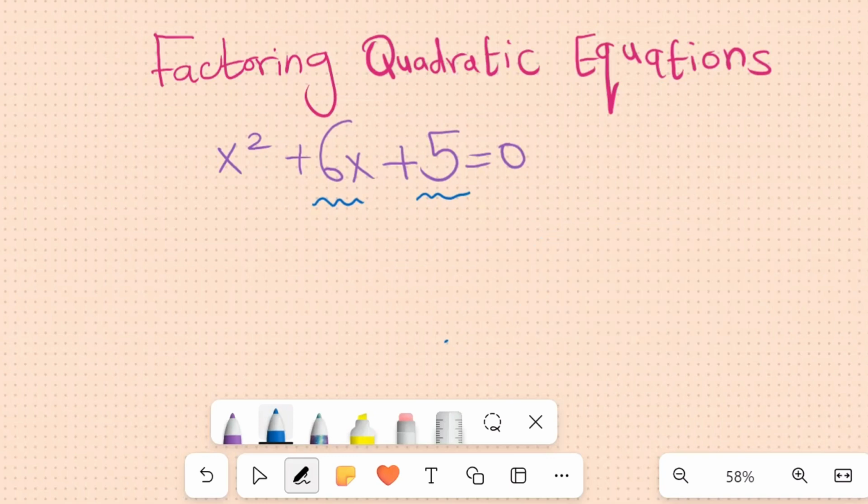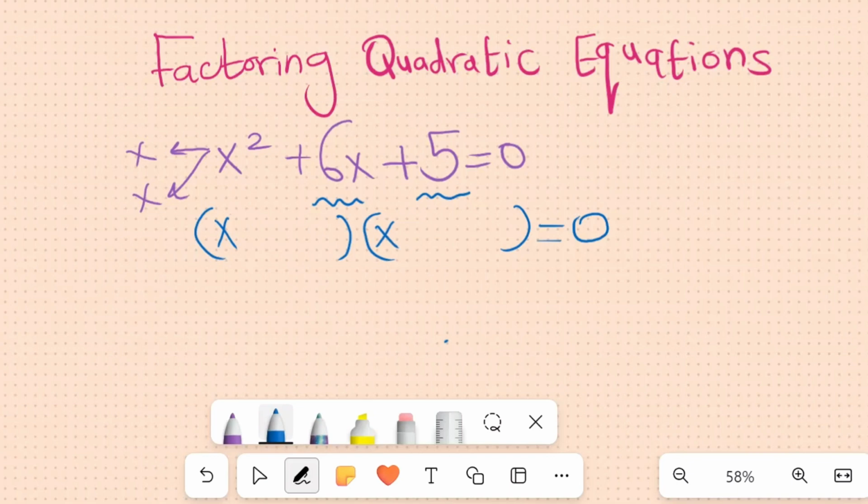Now we're going to start by opening two brackets and equaling that to 0. And we're going to factor the x squared as x times x. We're going to put one of the x's in the first bracket and the other one in the other bracket.